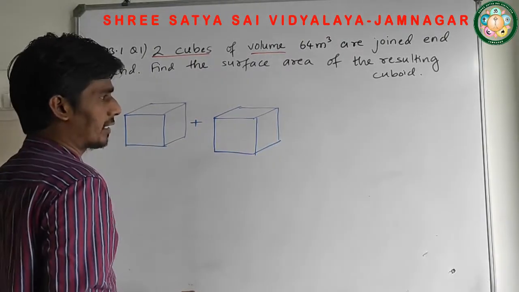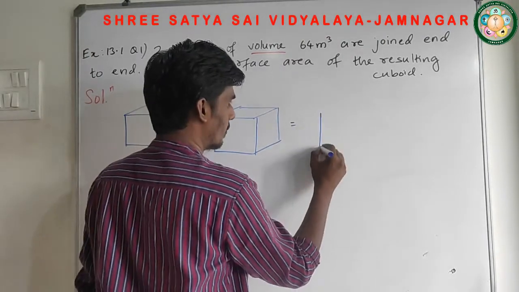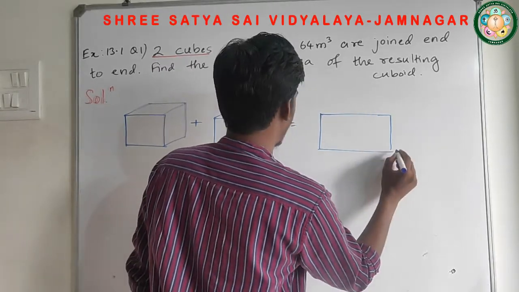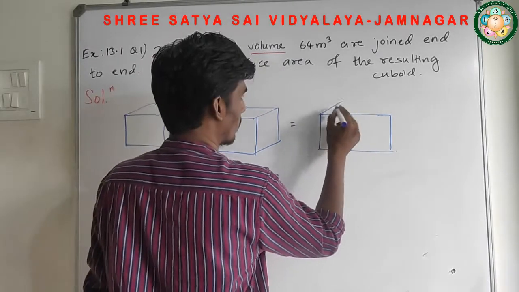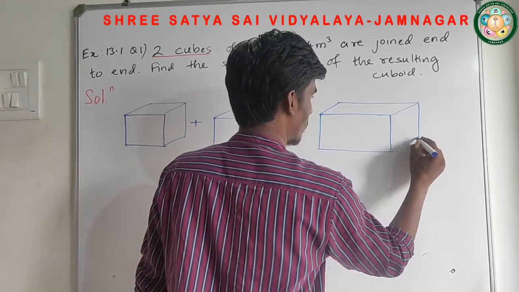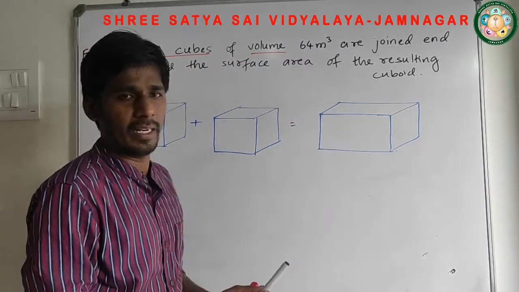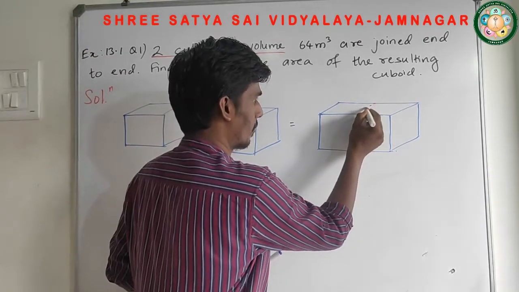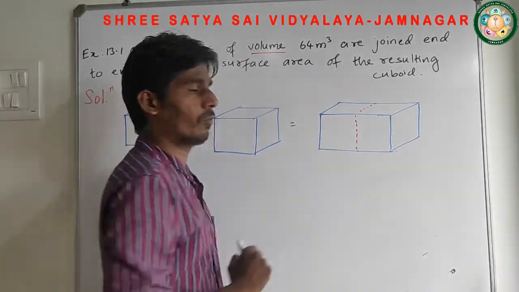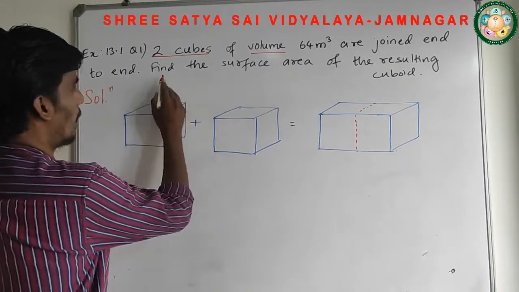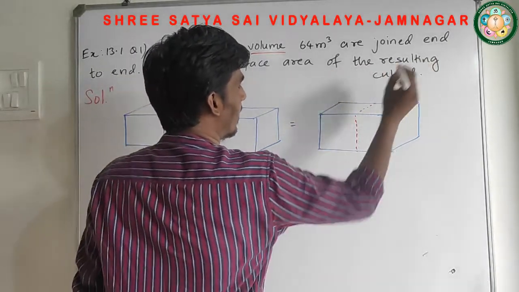So by combining these two cubes, what am I going to get? I am going to get a cuboid. Combine both, what will we get? A cuboid. Somewhat like this by combining. So we have to find the surface area of the resulting cuboid.